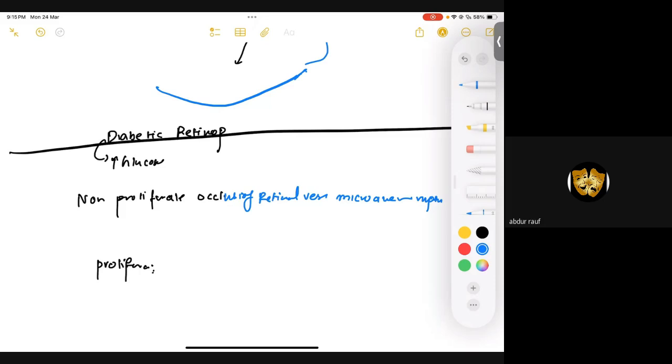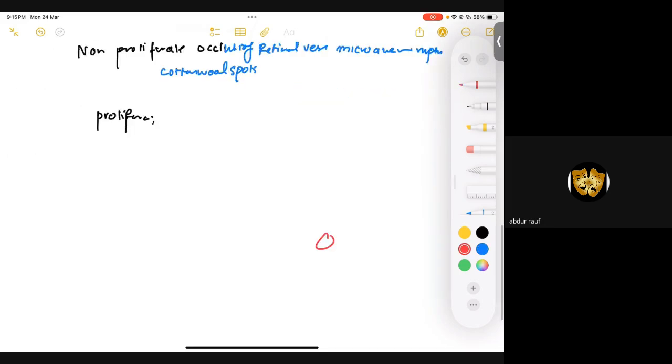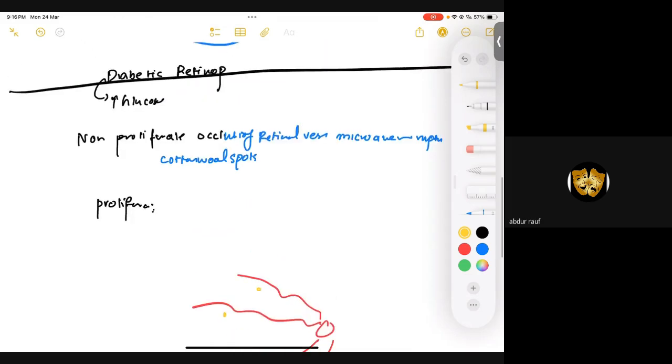There are some characteristic features you are going to see on fundoscopy, that is cotton wool spots. Cotton wool spots are whitish spots. For example, on fundoscopy, this is your retina, this is your optic disc, and you have some blood vessels coming out of it. You are going to see whitish material resembling cotton wool, just as cotton is white. These are the hallmarks of non-proliferative diabetic retinopathy.